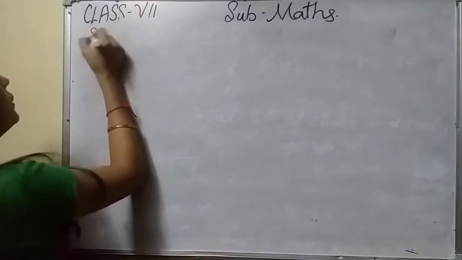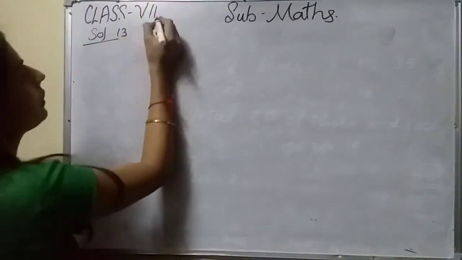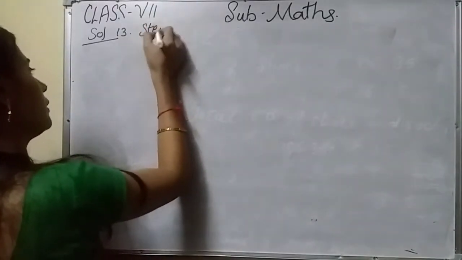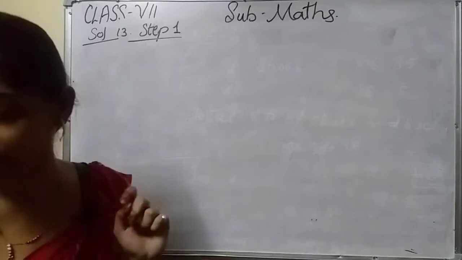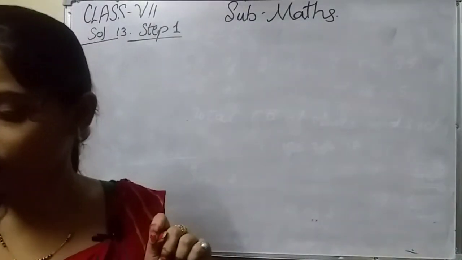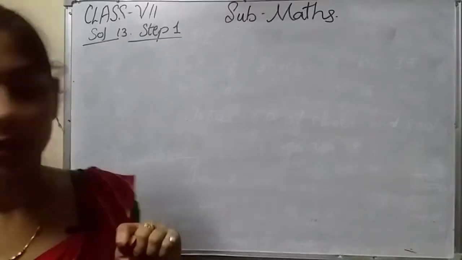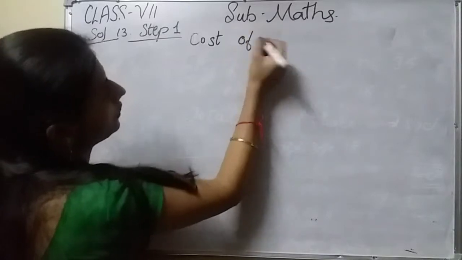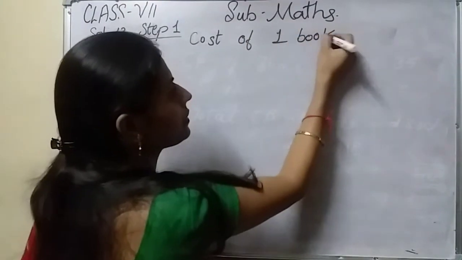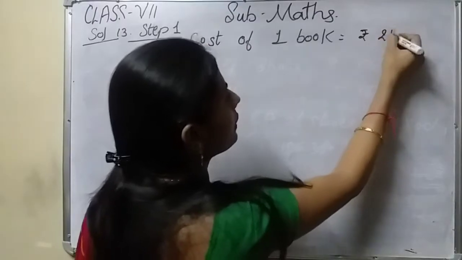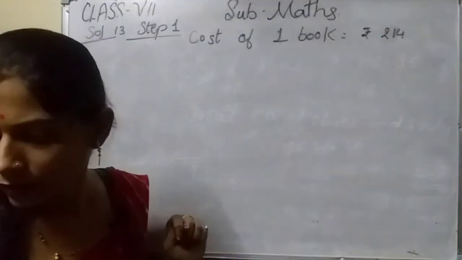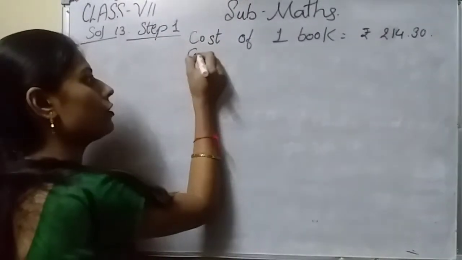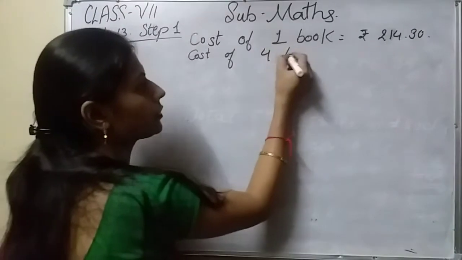So here solution number 13. Step first. What is the cost of one book? Rupees 214.30 is the cost of one book. Now cost of 4 books.